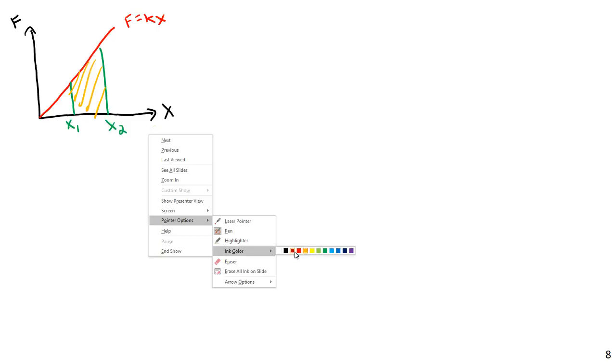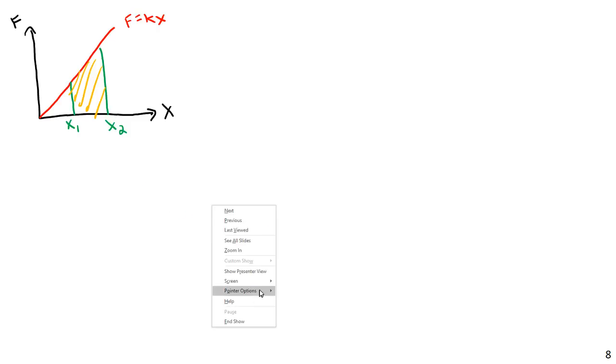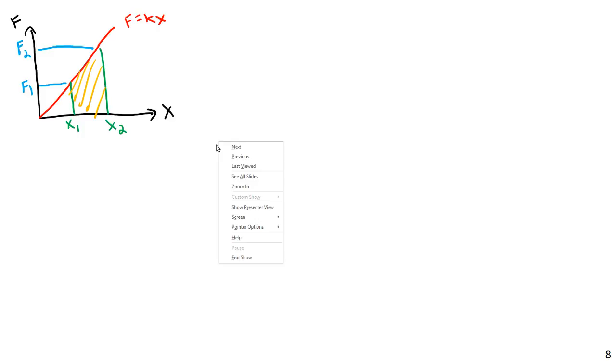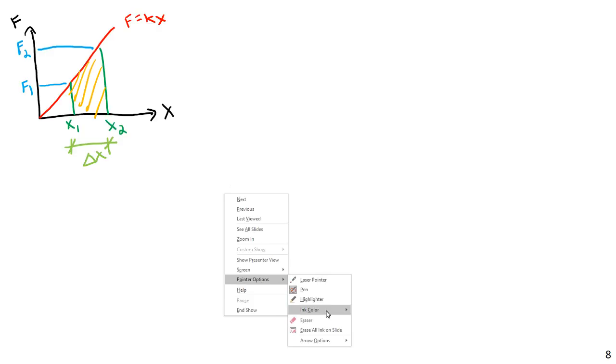I don't want to use red again, I already used that color, so let me use aqua or something. Our f1 value and our f2, so colorful, very festive. And of course, let's say the distance between these is delta x.